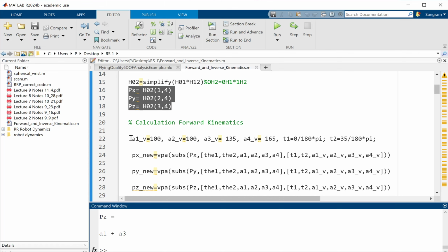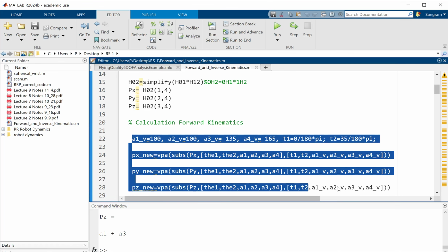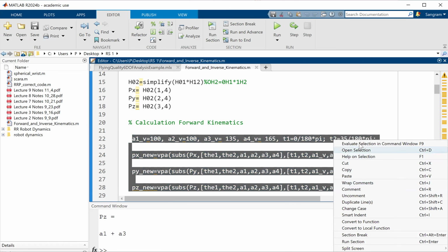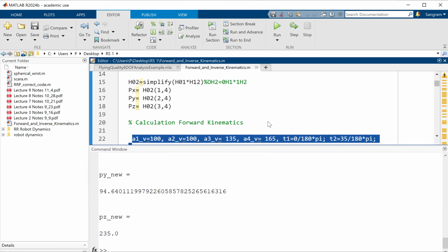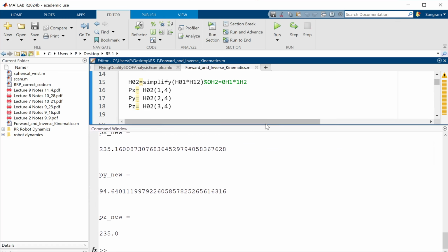So what I want you to do is run this part of the code. And once we run this code, can you see you are going to get X position, Y position, and Z position. So you get Px, Py, and Pz.